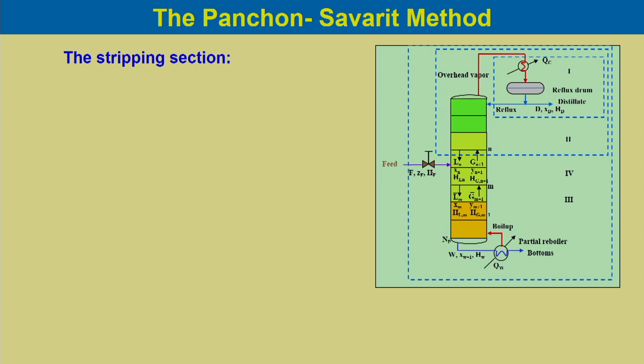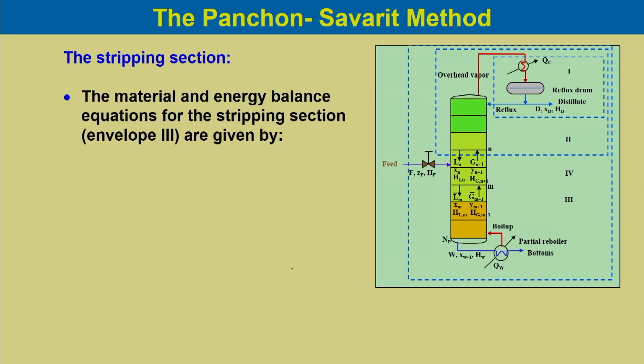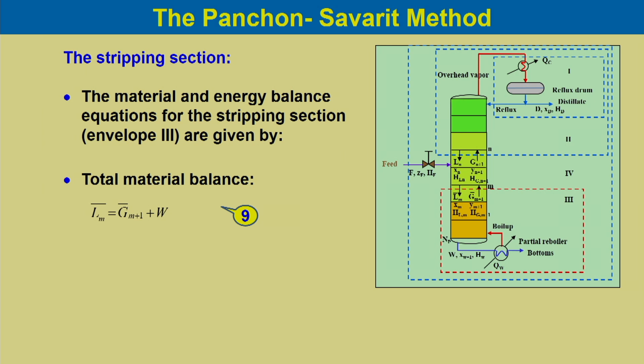Now, the stripping section, that is below the feed tray. The material and energy balance equations for the stripping section, that is envelope 3, can be written as the total material balance, that is Lm bar equals Gm plus 1 bar plus W, because you can see the entering liquid in the stripping section is Lm bar, and then outgoing at the bottom is W, and outgoing from the Gm plus 1 tray is Gm plus 1 bar.